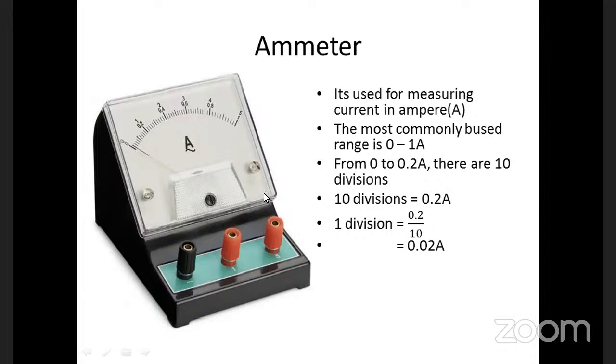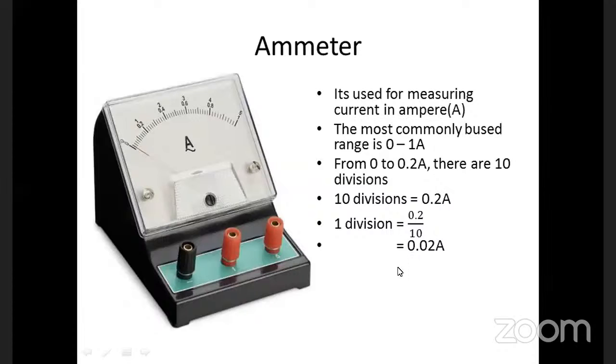So what will one division represent? One division will now be representing 1 divided by 10. When you divide 1 by 10, what do you get? You get 0.1. Good. You get 0.1 ampere.